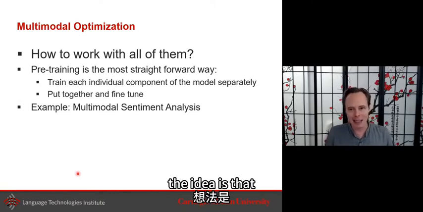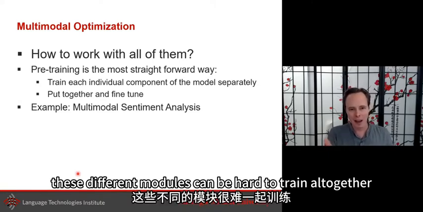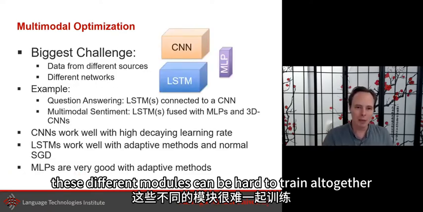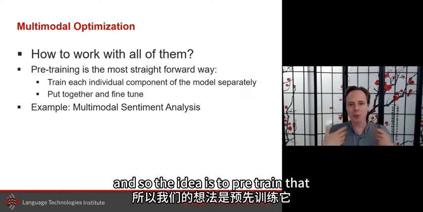The idea is that these different modules can be hard to train all together. And so the idea is to pre-train them.